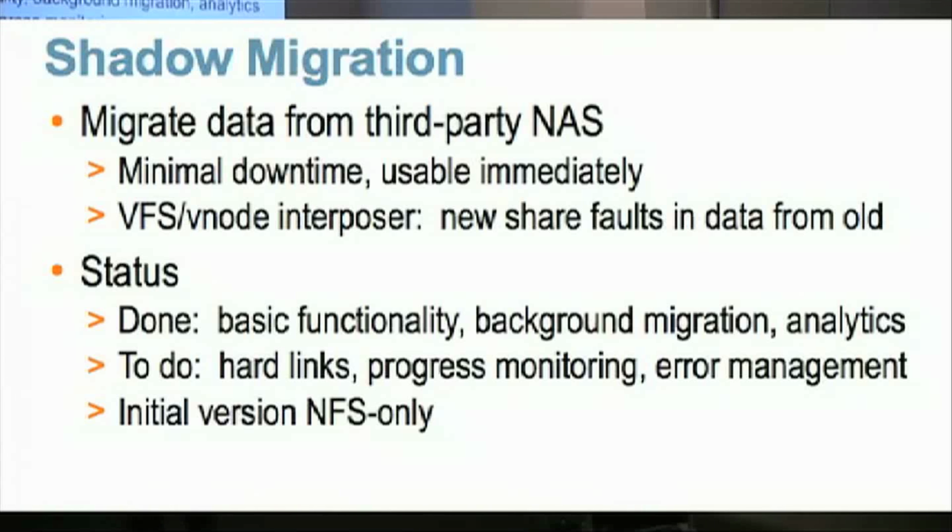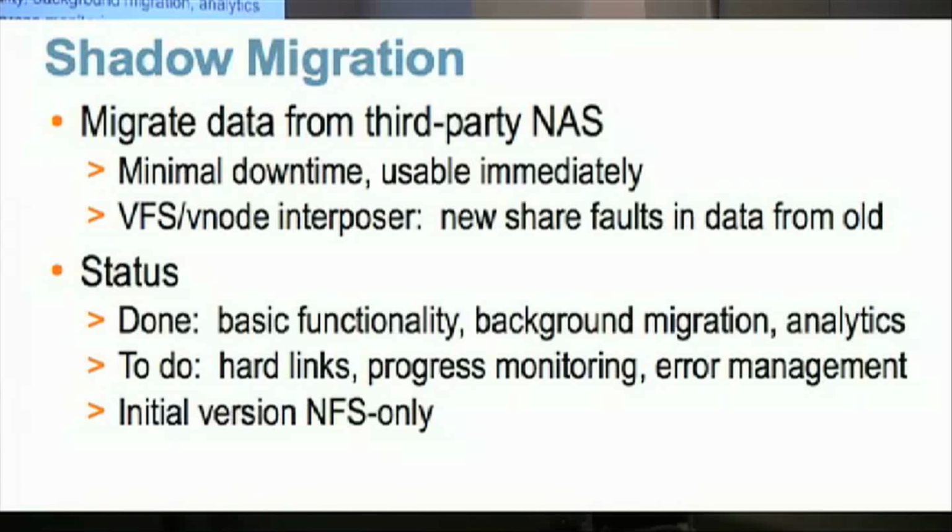So the idea with this brain slug, or shadow migration, is that you turn your existing filer into read-only mode, have your new filer with ZFS on it take over responsibility for all the data, and have it proxy for data that hasn't yet been migrated over.